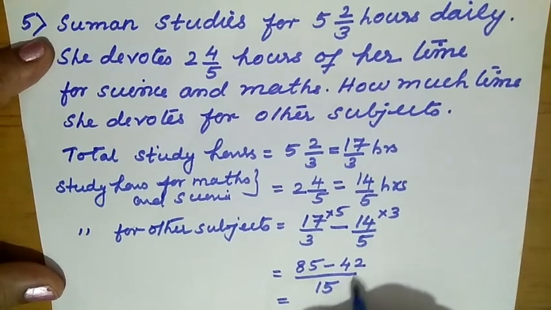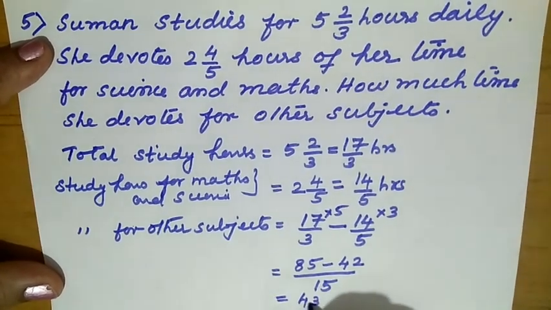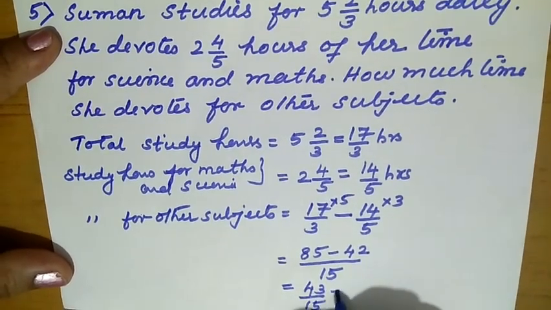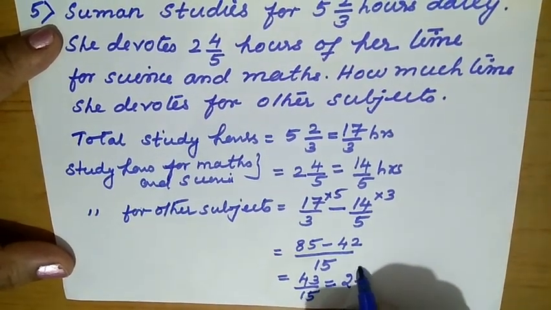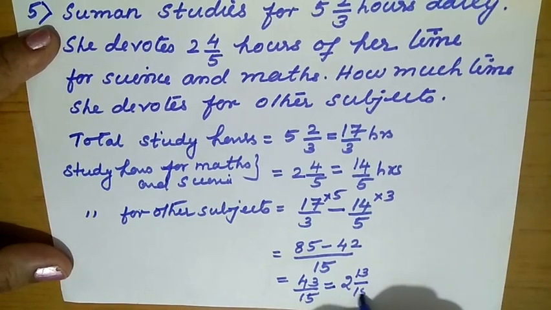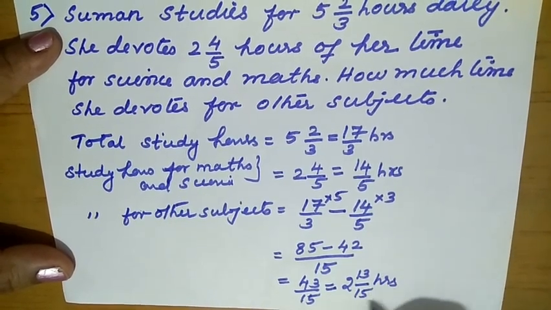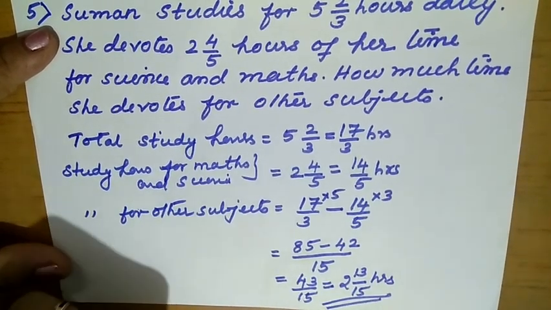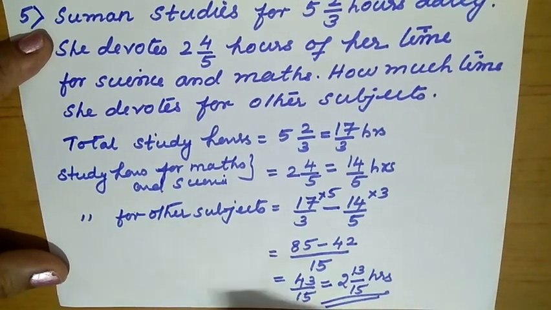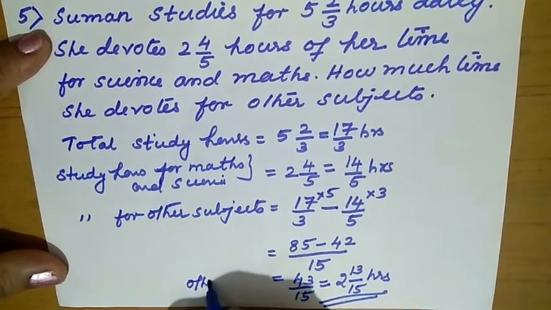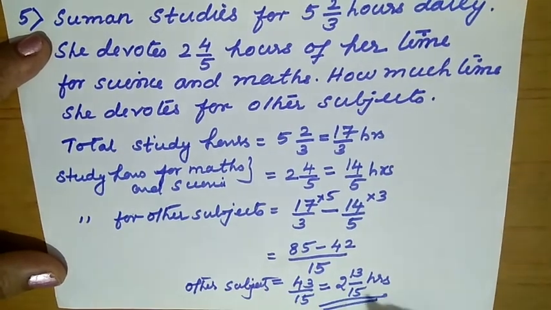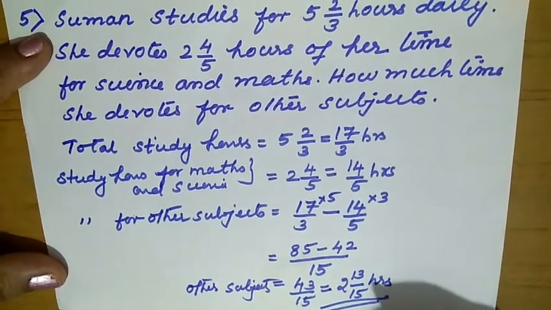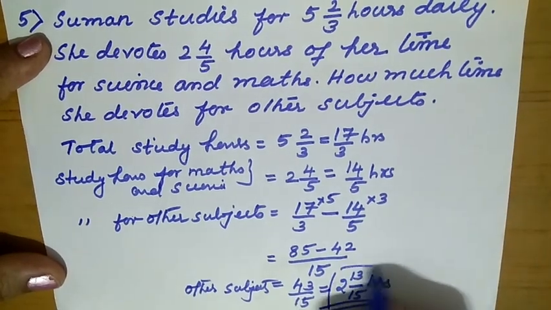So your answer after subtraction is 43 by 15. Again, we should write it as a mixed fraction, 2 integer 13/15 hours. So what is the time she devoted? Other subjects equal to 2 integer 13/15.